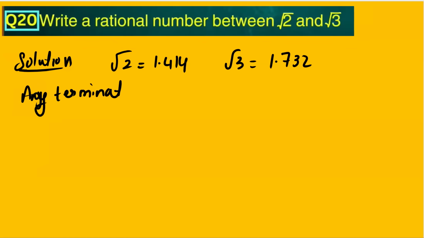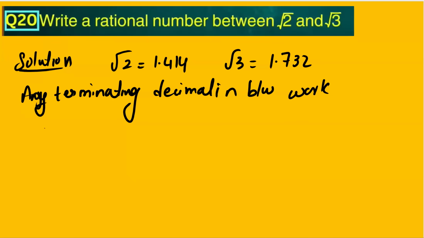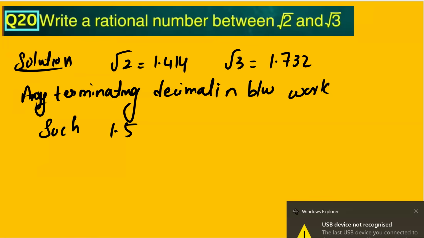Any terminating decimal in between works, such as 1.5. So 1.5 is a rational number between root 2 and root 3 because it is a terminating decimal, which means it stops. 1.45 also terminates.